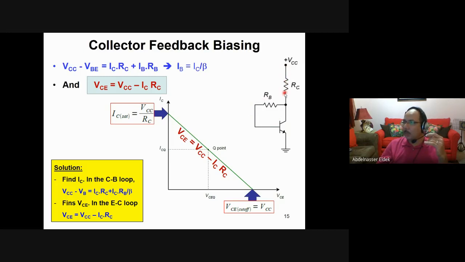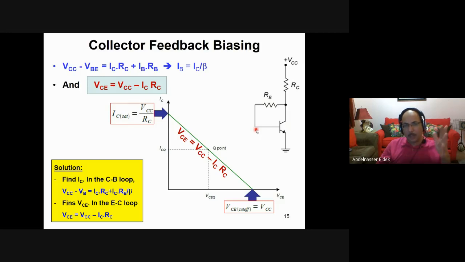We have to use the whole part from VCC to this one, to this one, to this one. So this loop, because it's a ground, of course, is exactly as if you have a loop here. So the voltage VCC equals what? It equals this voltage here, which is IC times RC. Second, plus this voltage, which is IB times RB.